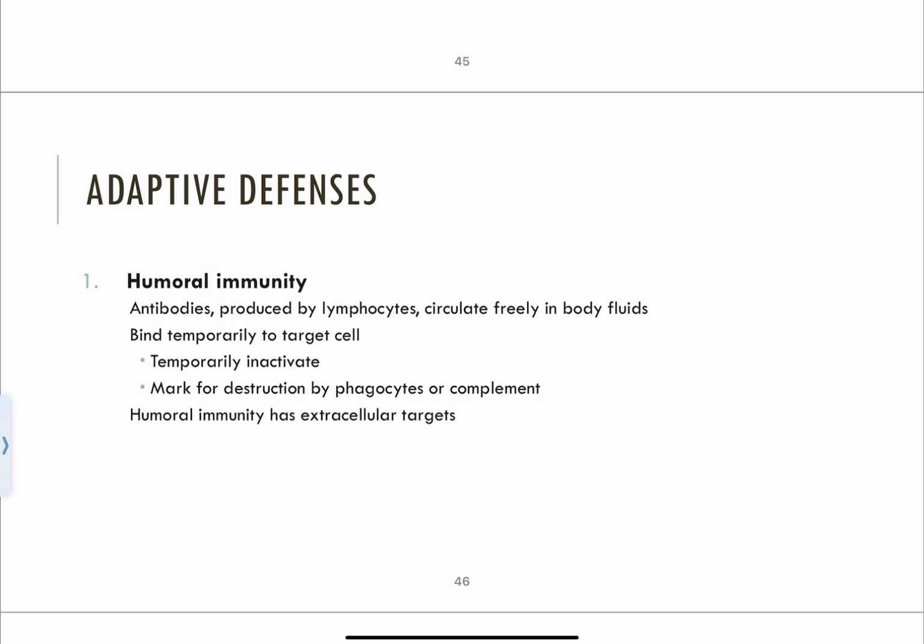When the antibodies bind, they can inactivate them temporarily. So they don't actually kill them, but by binding an antibody to whatever it is, the toxin or the bacteria, you're marking it for destruction, for a phagocyte to come in, or for it to undergo complement.